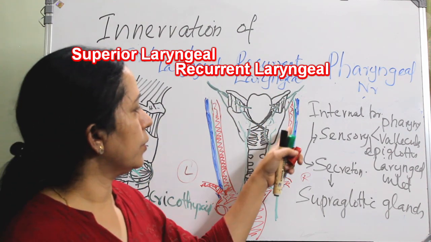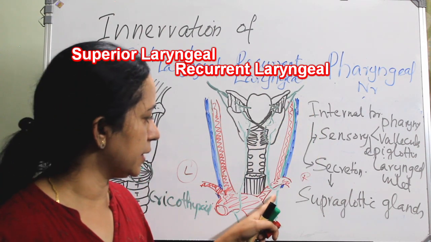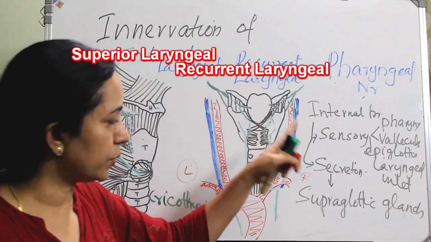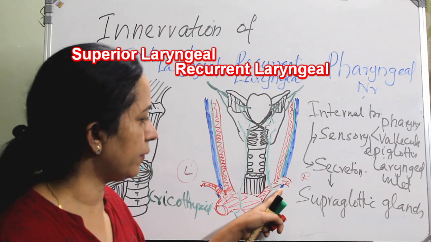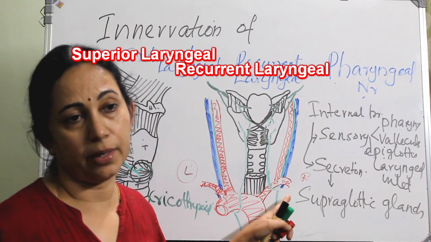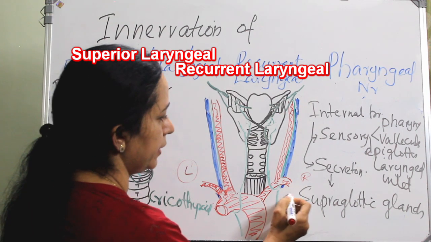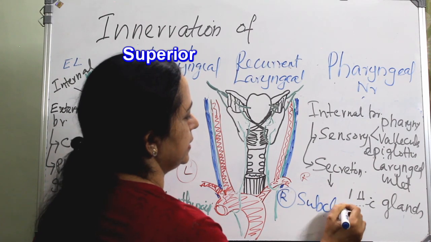Right? So this recurrent laryngeal nerve is branching from the vagus nerve, and on the right side it is given off at the level of right subclavian artery, and the subclavian artery, okay, right side.